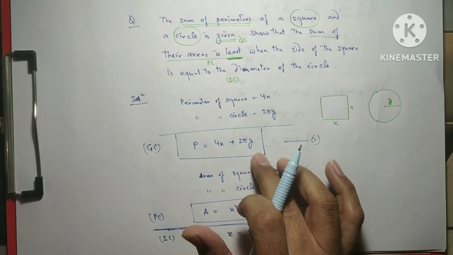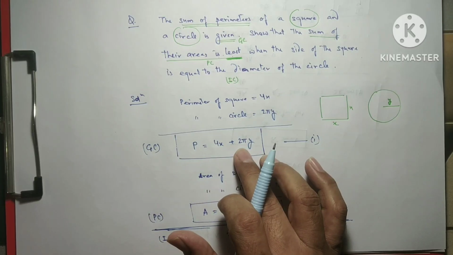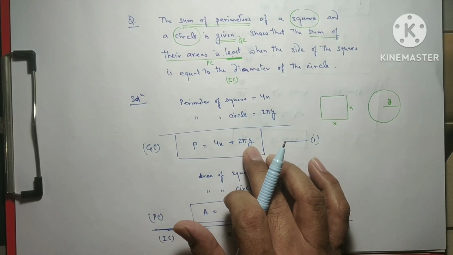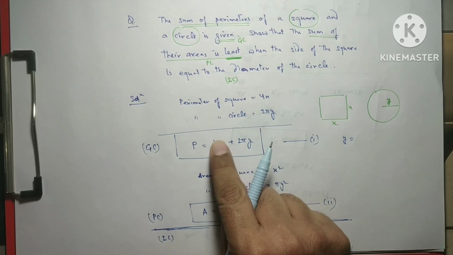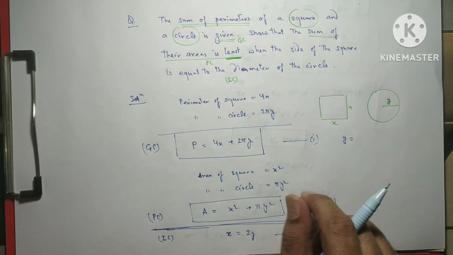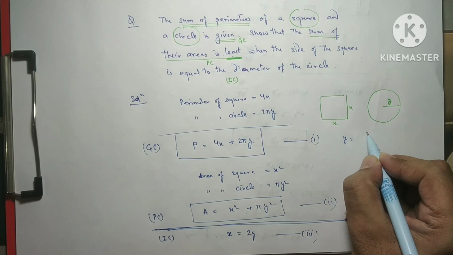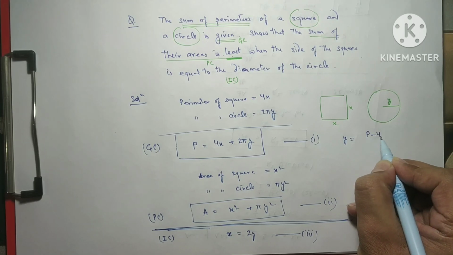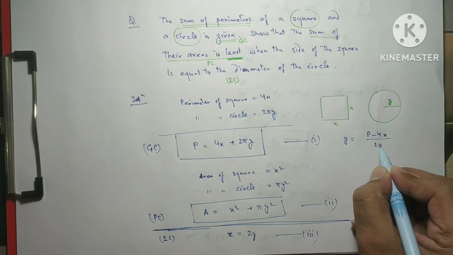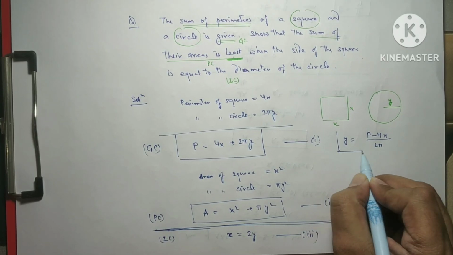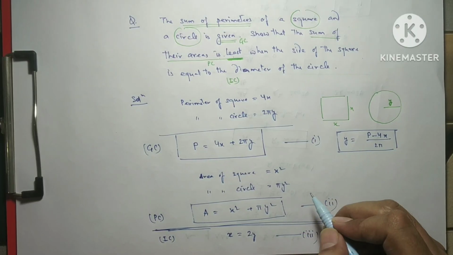So according to GC, we have these values. First we collect the value of y. So y equals p minus 4x divided by 2 pi. This is the value of y, and we put it in the area equation.